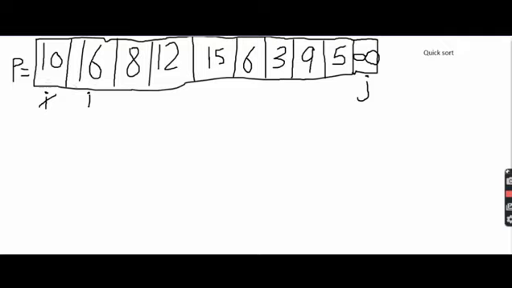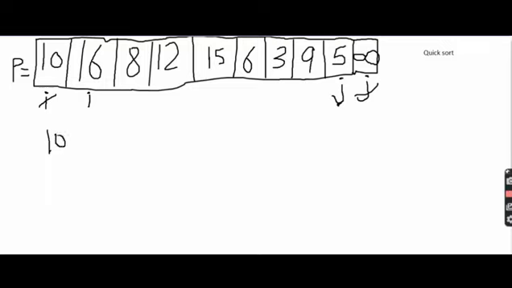When we find an element greater than the pivot, we have to iterate the I and stop there. Then we have to decrement the J, which is less than the pivot, and stop there. Then we have to swap the I and J. Got it?